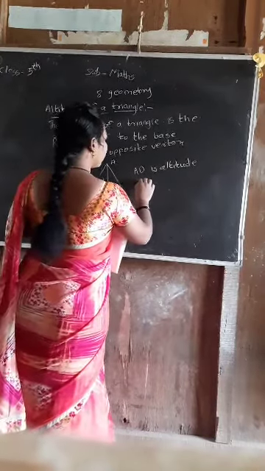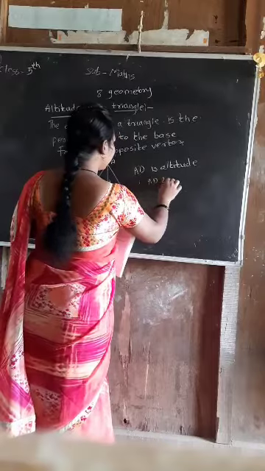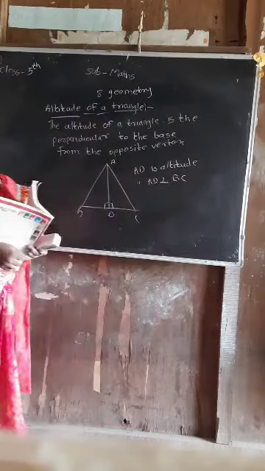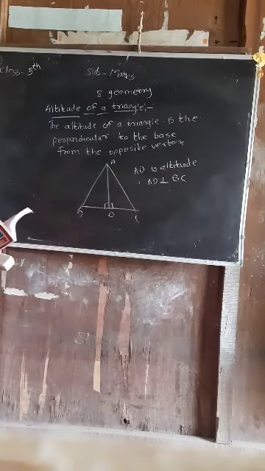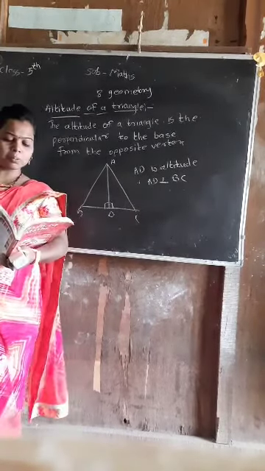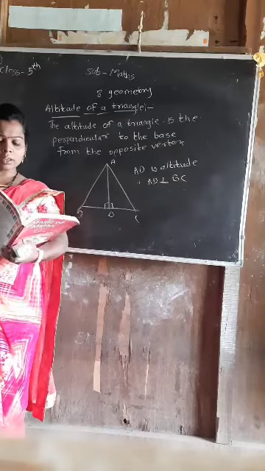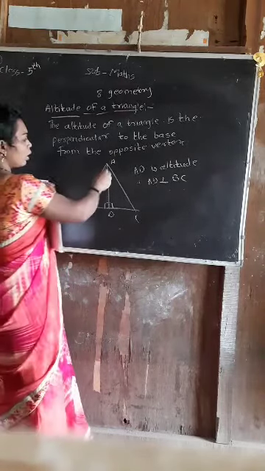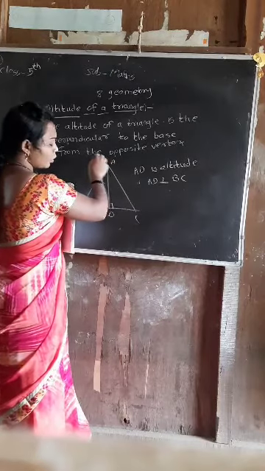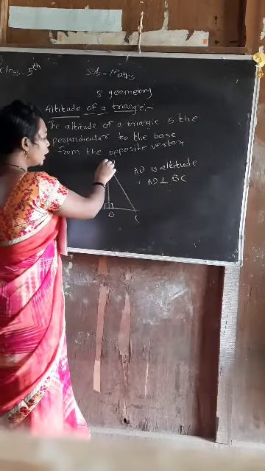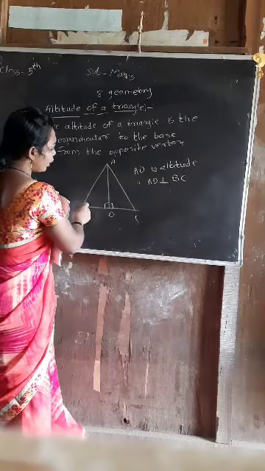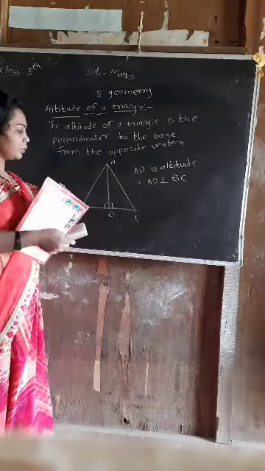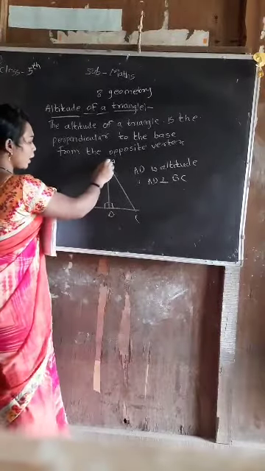Here AD is perpendicular to BC. Since there are three possible bases of a triangle, there are three possible altitudes. Here we draw the altitude from point A, also from point B, and also the altitude from point C perpendicular to AB.